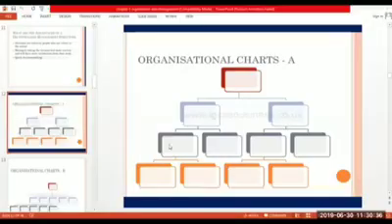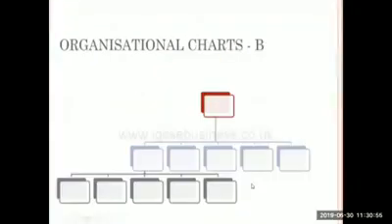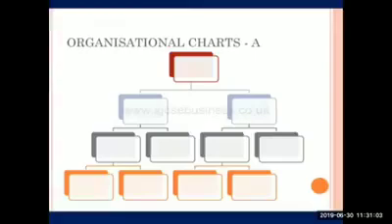Organizational structures. Organization charts. There are two types of organization charts. One is A, you can see on the screen. See it carefully. And then another is B. Slide is not changing. Yes, it's changed now. Another structure is B. What is the difference between structure A and structure B?